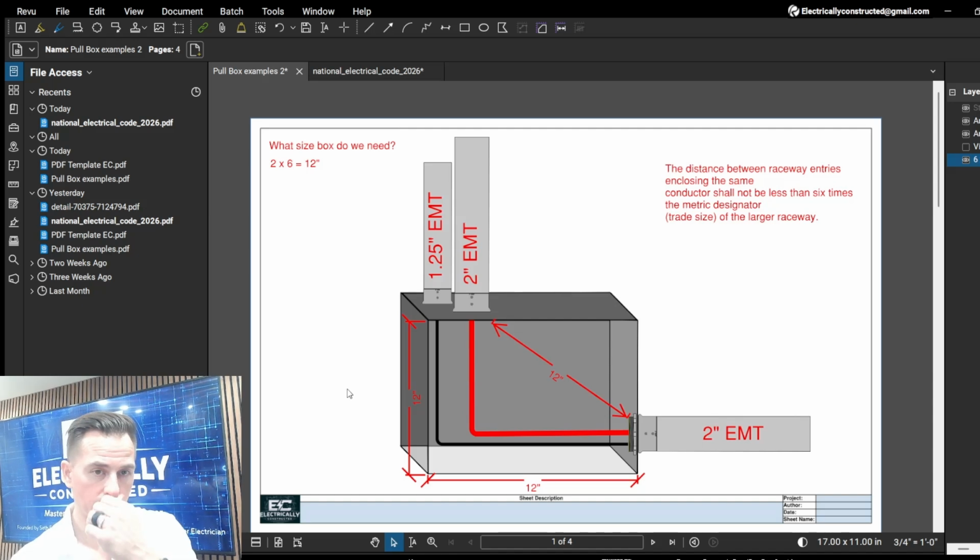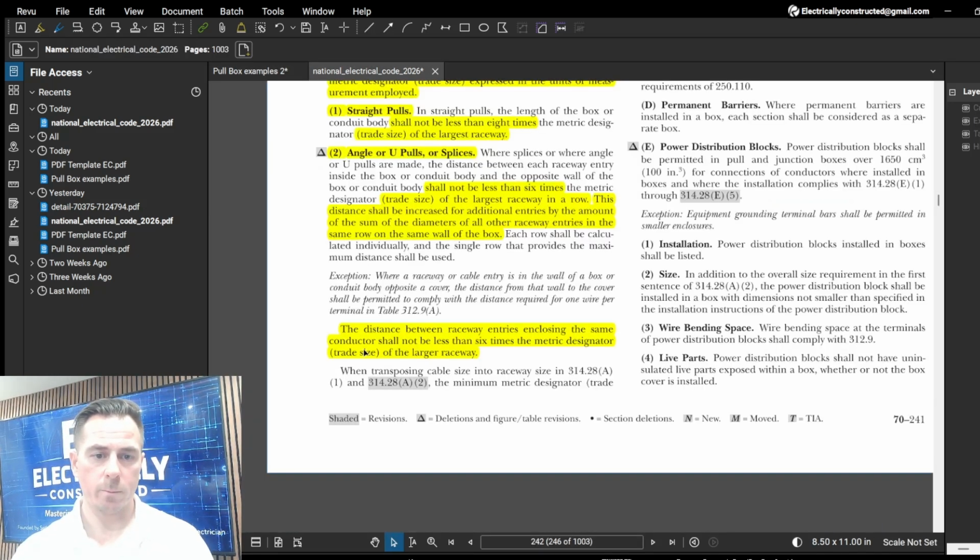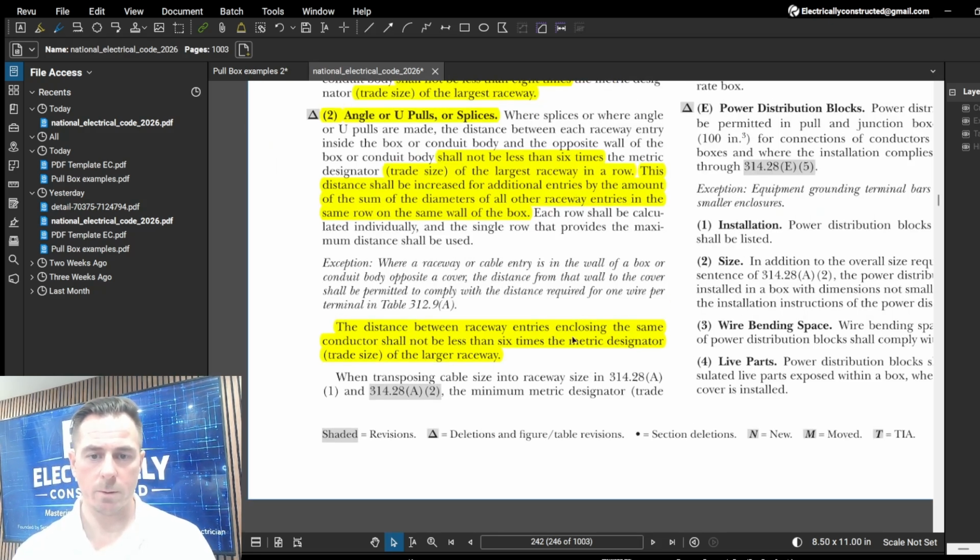So what this rule here says, the distance between raceway entries enclosing the same conductor shall not be less than 6 times the metric trade size of the larger raceway.